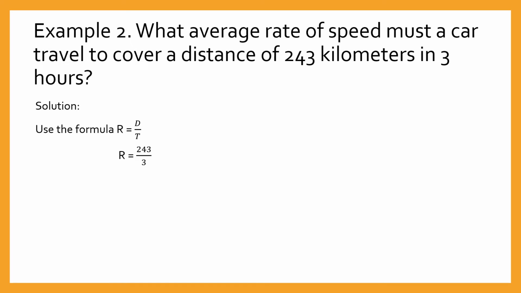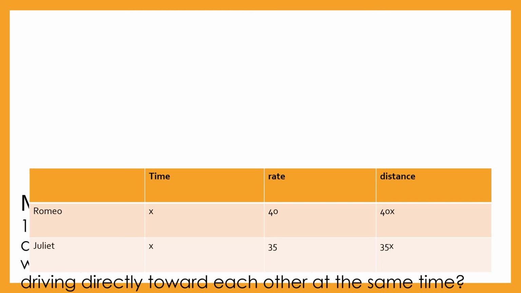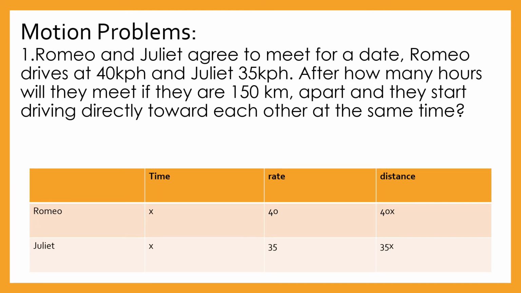So from the given, 243 kilometers over 3 hours. So that is 81 kilometers per hour. So ito po yung rate niya. Right. So we have now a motion problems.